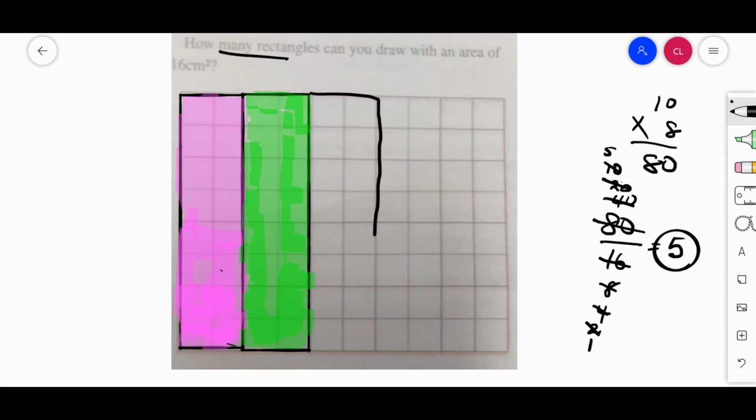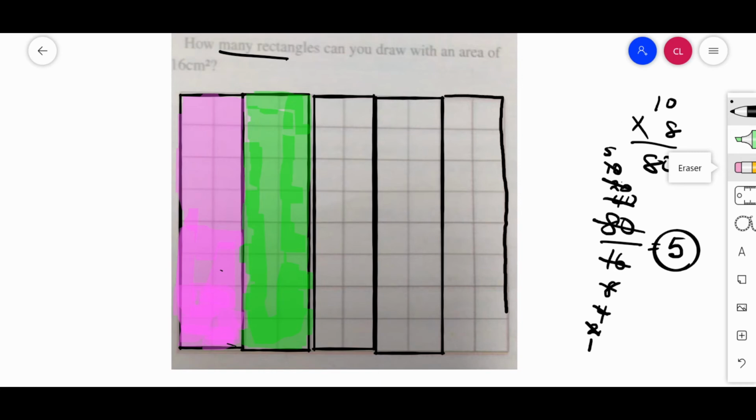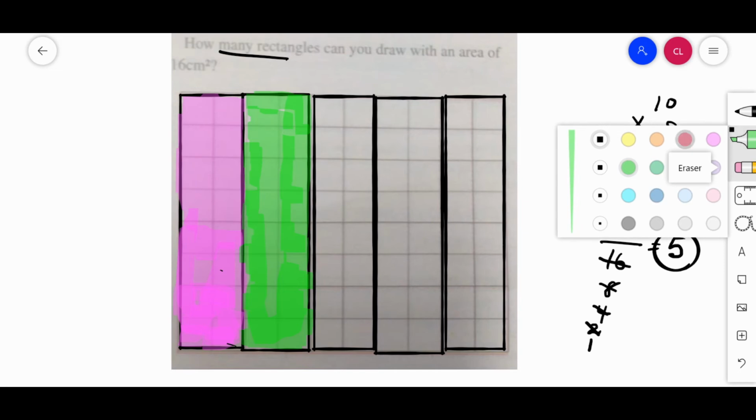So we have 3. Now we have 4, and then we have 5. All right. Let's see if we can get some more colors in here.